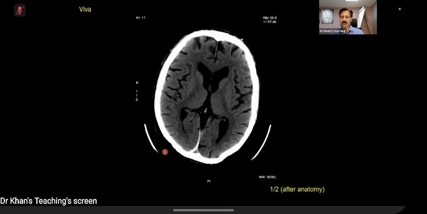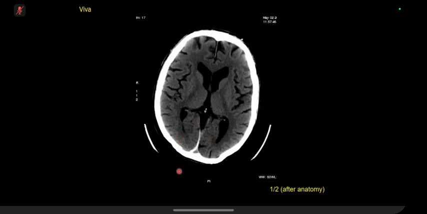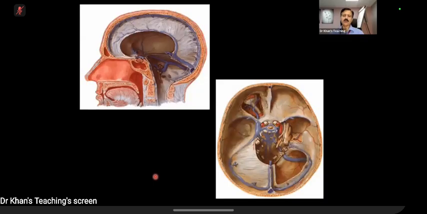Okay, candidate 7. What is this? It's a subdural, posterior parafalcine subdural hematoma. Excellent. Subdural hematomas, a favorite for the exam, subtle subdurals, and you have to understand what will happen.